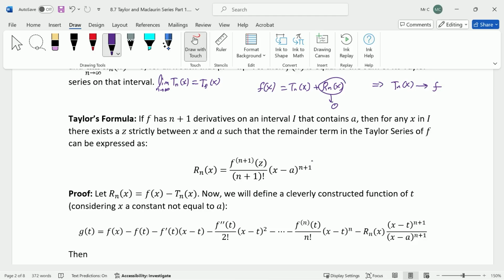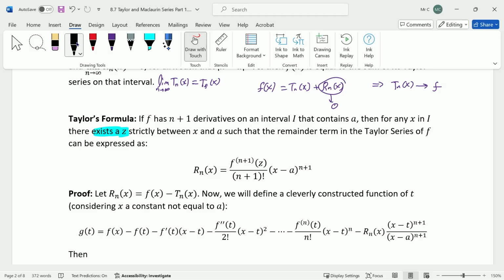So I want to be very clear about what this says. Taylor's formula shows us that there is a z, but it doesn't tell us how to find it. We don't actually know, in general, how to find the z that works here, but that's going to be okay. We're not going to be too worried about that.